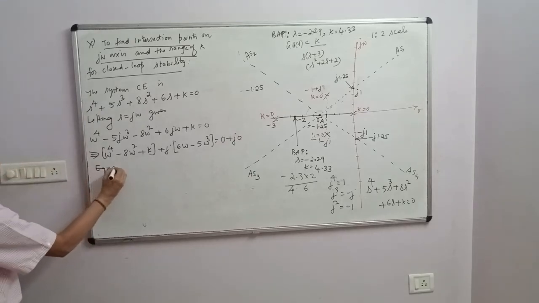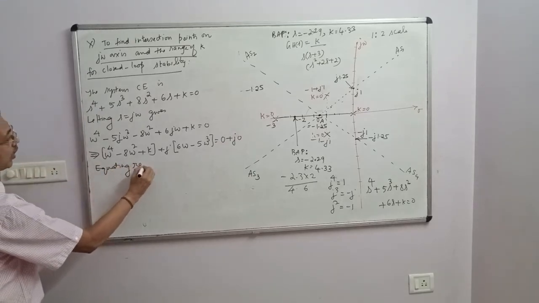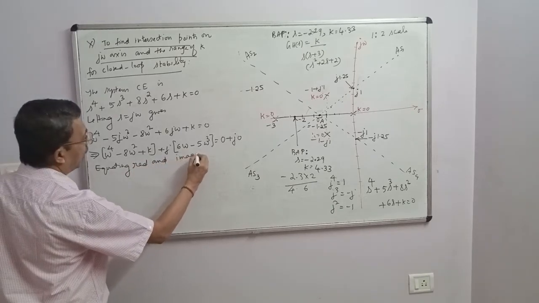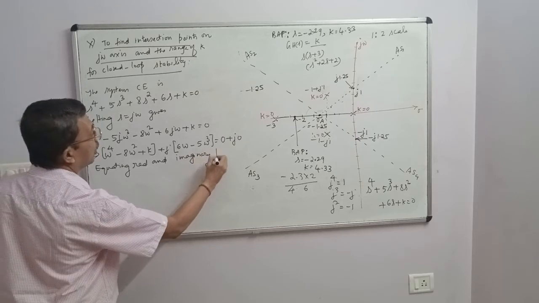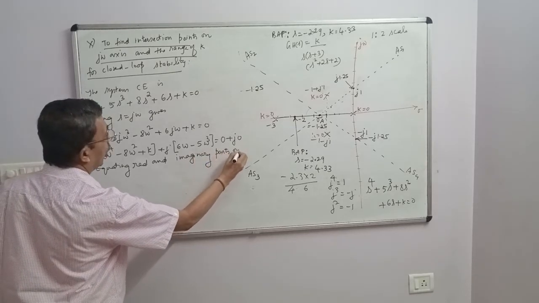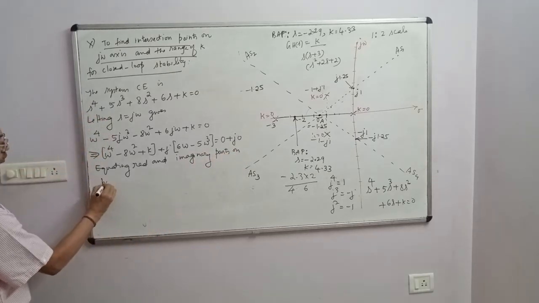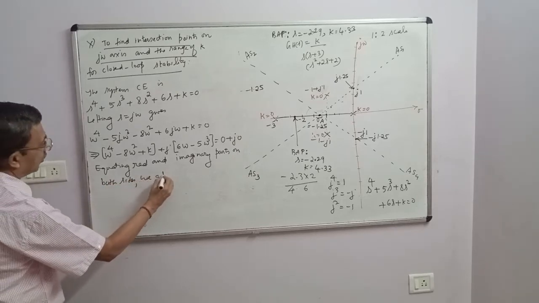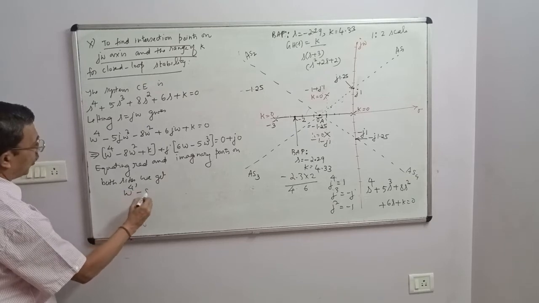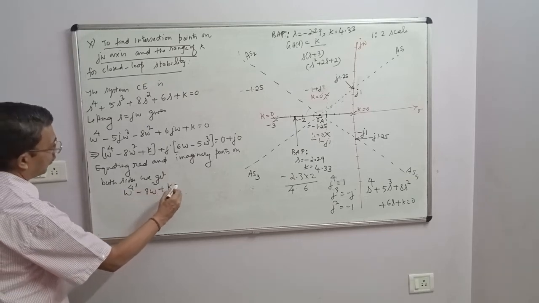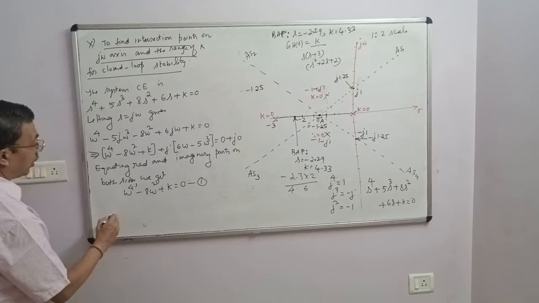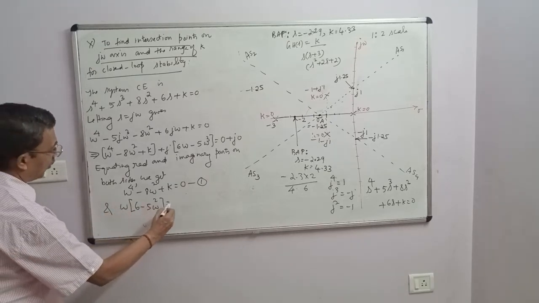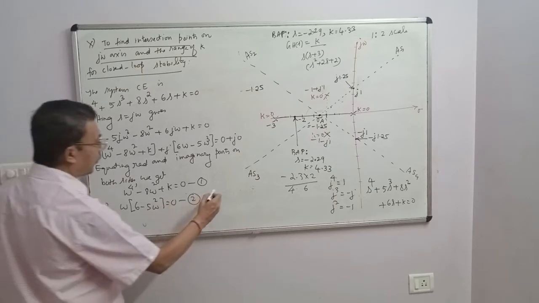Equating real and imaginary parts on both sides, we get omega to the power 4 minus 8 omega square plus k equal to 0, equation 1, and omega into 6 minus 5 omega square equal to 0, equation 2.